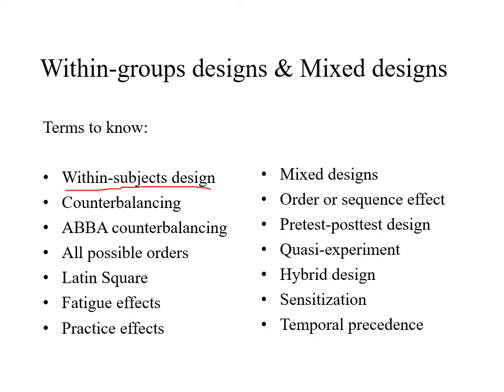We'll also talk about mixed designs, which means that you have two variables at the very least, and one variable is within subjects and another variable is between subjects. We'll go over both of these.